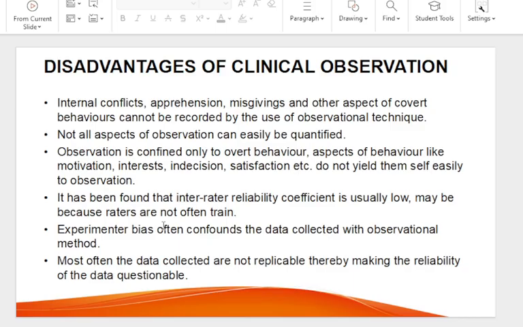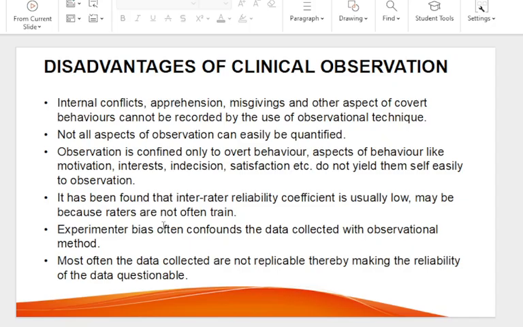So most often the data collected are interpreted based on the experimenter's biases. Also, most often the data collected are not replicable, thereby making the reliability of the data questionable.